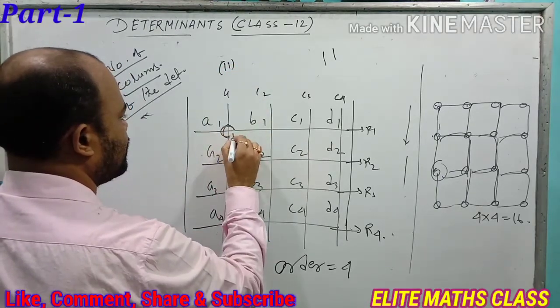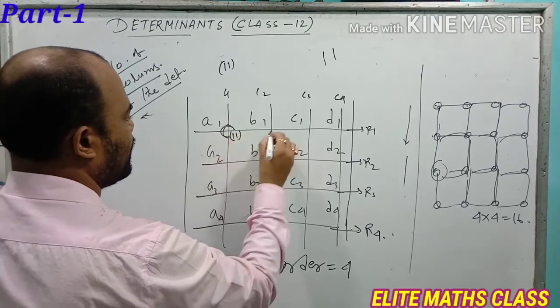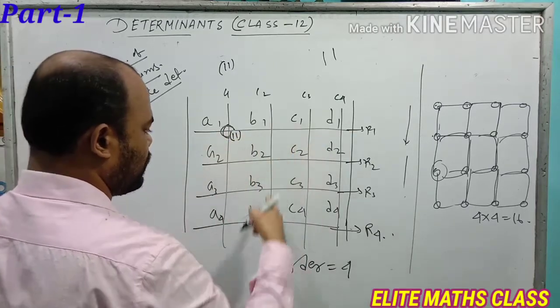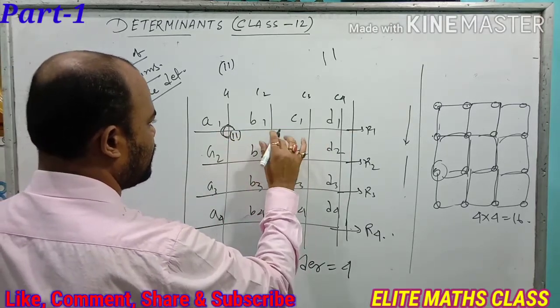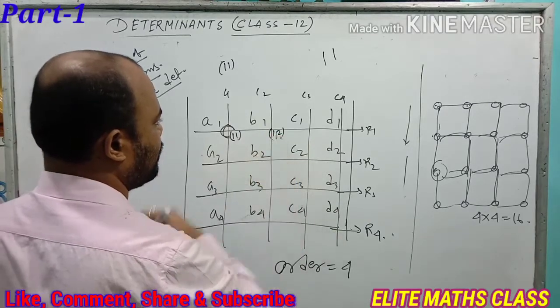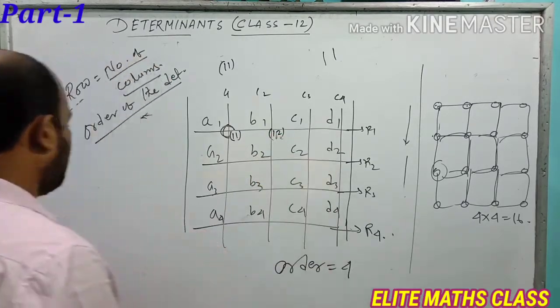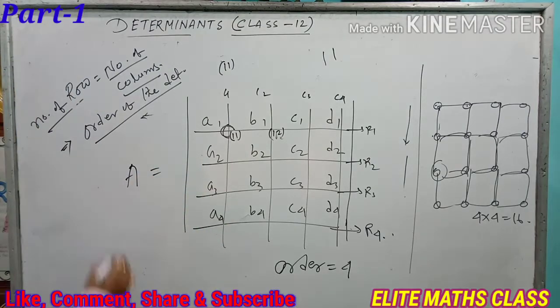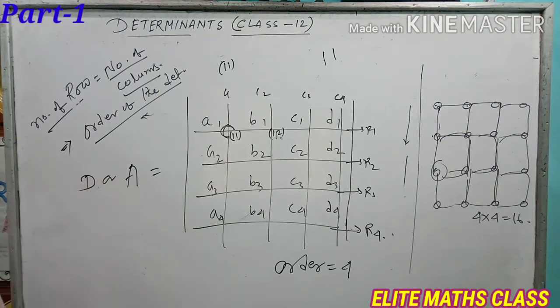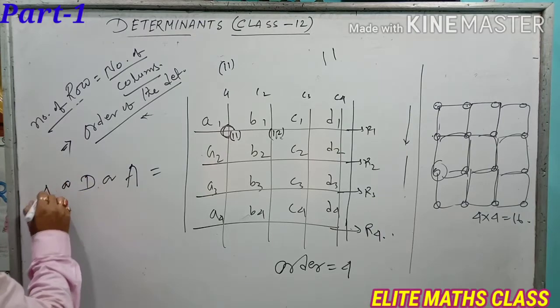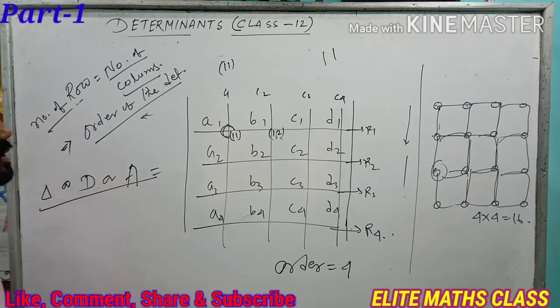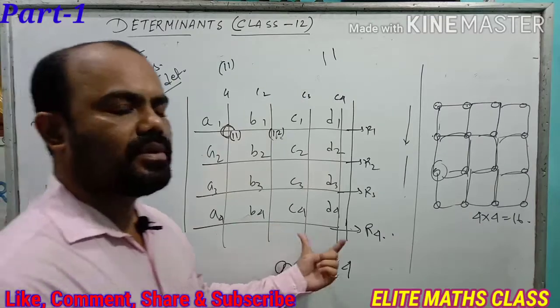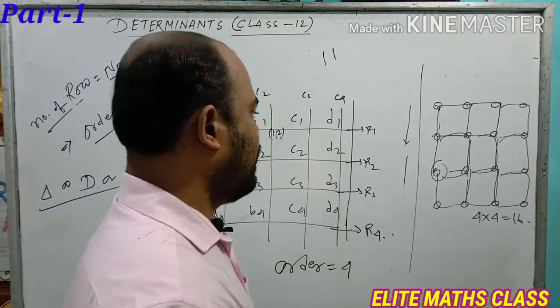This one is first row second column, so it is written as 1 2, and so on. It is also written as D, also written as delta. You can use any of the notations. So this is the structure of a 4 by 4 determinant.